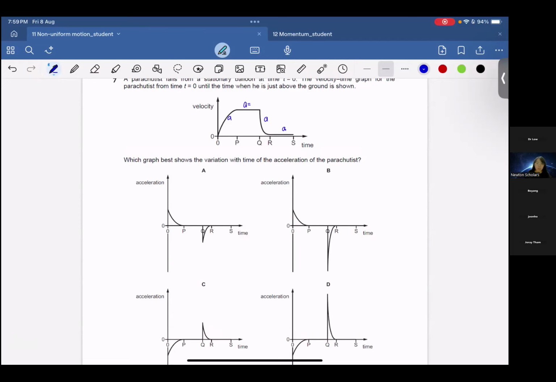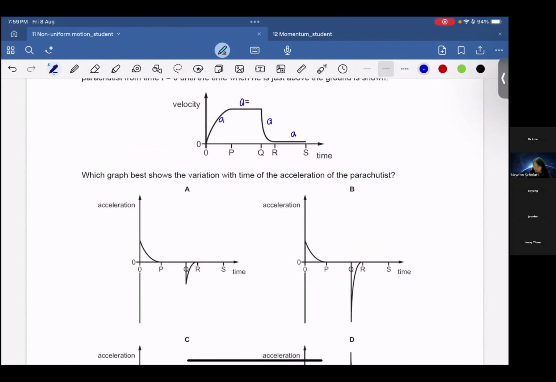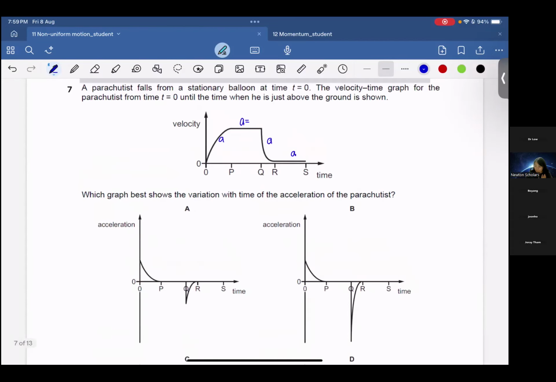Vowel, correct, good job. How about others? From the velocity-time graph, think about the acceleration. Then after that, find which acceleration-time graph is correct. Okay, starting here, still accelerating, but at a lower rate. Fatima, correct. Good job.